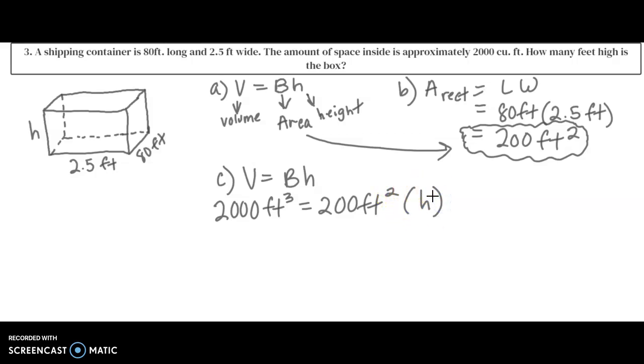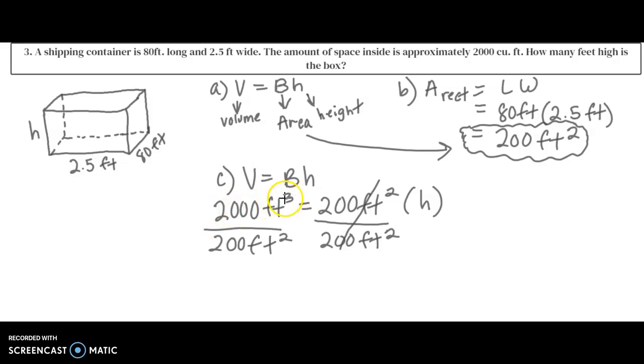Obviously, the question asks you for the height. How do we solve for H? We have to divide both sides by 200 square feet, or 200 feet to the second power. Obviously, these two cancel each other.